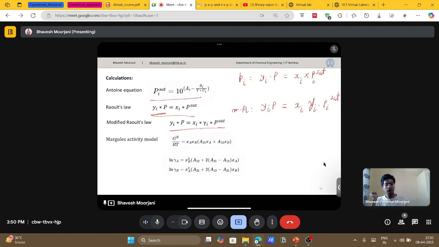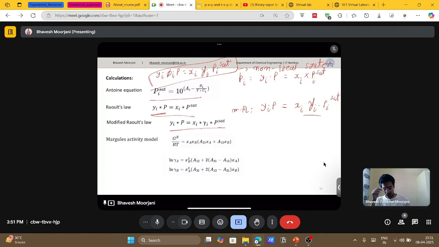Let's say if you want to include the non-ideality in the gas phase also, then we include the fugacity coefficient into the picture, right? So this is for a non-ideal system, where there is non-ideality in both the liquid and vapor phases. But for our condition, we will consider modified Raoult's law, which considers non-ideality in the liquid phase.